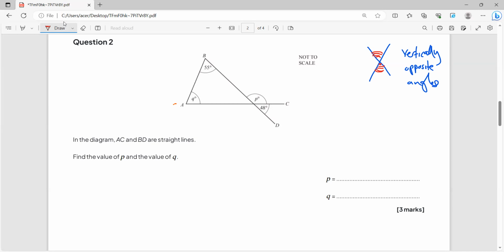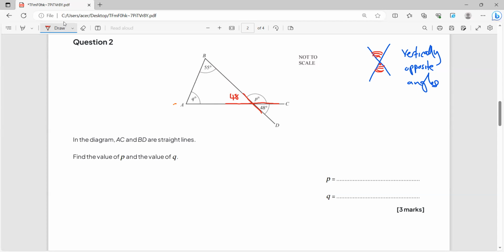So we can implement that to this diagram. As you can see, 48 is being bound by an X. So if we have 48 there, we have 48 on that side because we implemented the vertically opposite angles.